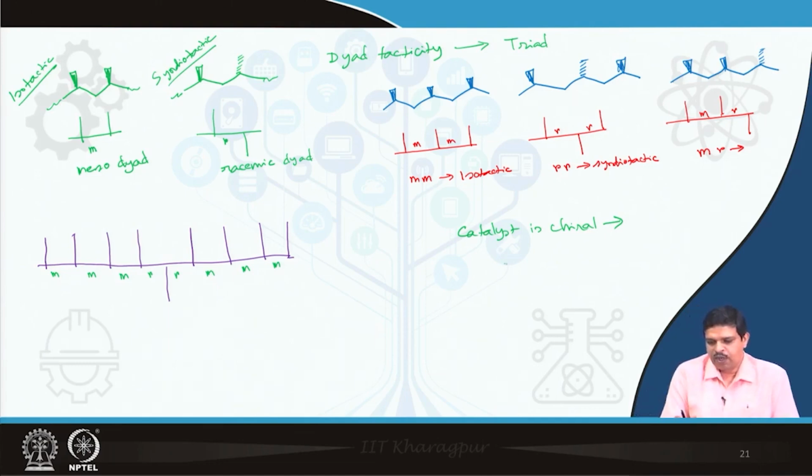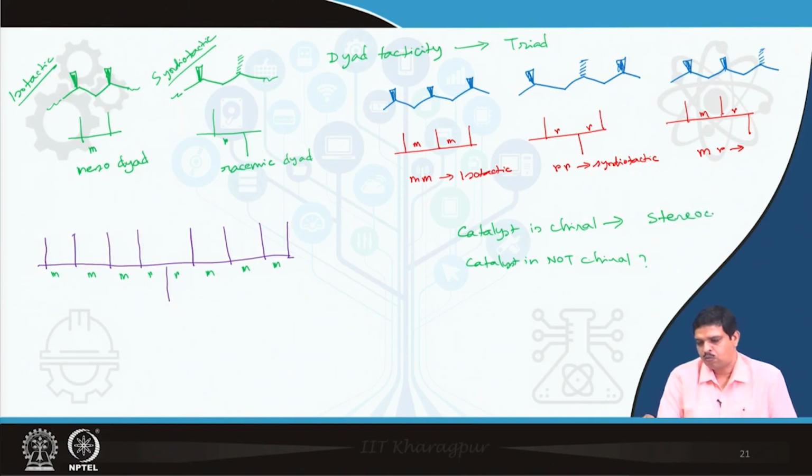But if your catalyst is not chiral, then what will we get? In many cases, even if the catalyst is not chiral, you can induce asymmetric synthesis. In organic chemistry, you have heard of asymmetric synthesis and how it is possible. We will discuss that in the next classes.